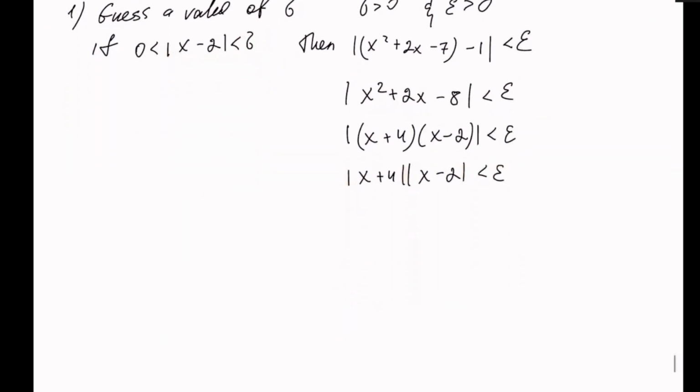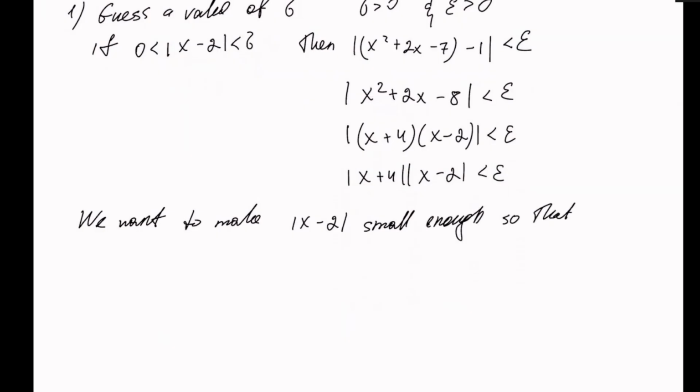Okay, so from here, what we need to do is write it. We want to make x minus 2 small enough so that the absolute value of x plus 4 times x minus 2 is less than epsilon.